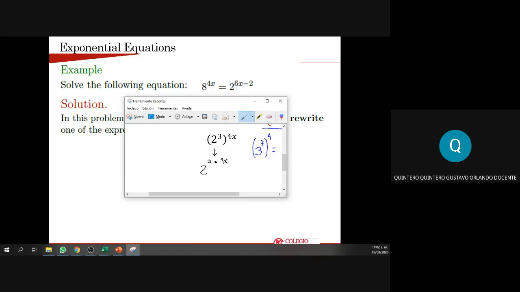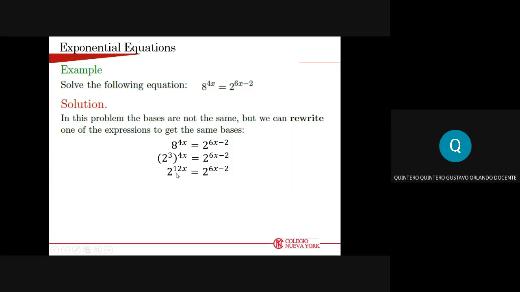That is the variable. So I'm just going to use a little dot. 3 times 4x. All right. How much is 3 times 4x? So first, I'm going to leave the same base, and now I'll just multiply. 3 times 4 is 12, and I'll write down the x next to it. 2 elevated to the 12x. There you go. That is exactly what we have here.